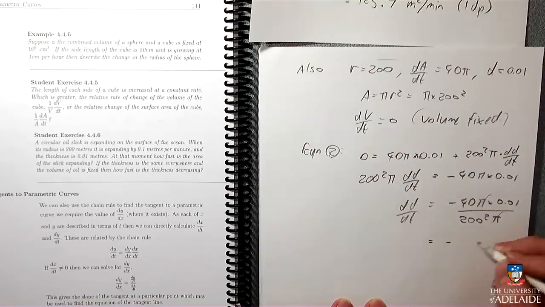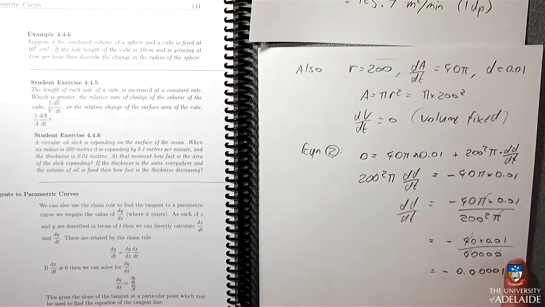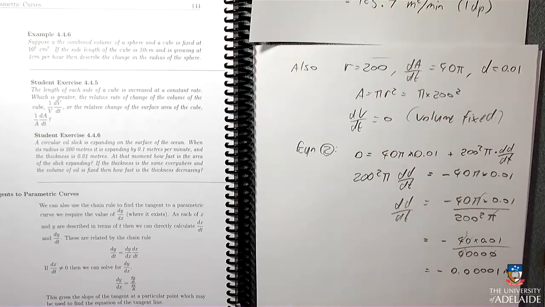I reckon I can do that one without a calculator, actually. So that'll be a 1. One, two, three. Right. So we had 0.01 and we had to divide by 1,000, yep. And so this would be in meters per minute.